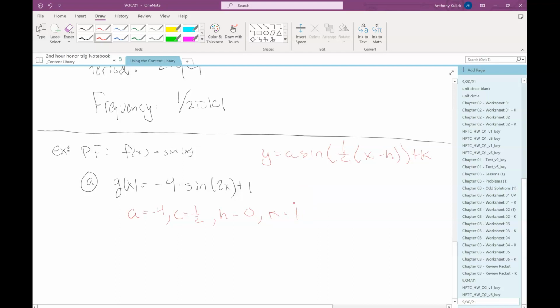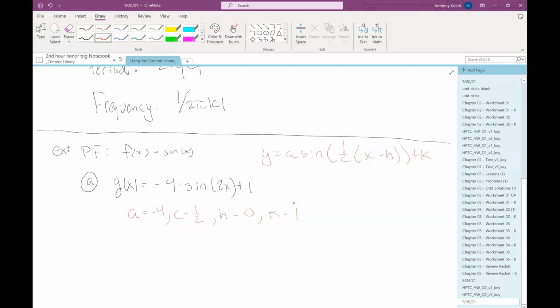So if I go back to the chapter 1 stuff, we have no reflection across the y-axis because the c is positive. We have a horizontal shrink because the magnitude of c is less than 1. We have a reflection across the x-axis because the a is negative. We have a vertical stretch because the magnitude of a is greater than 1.